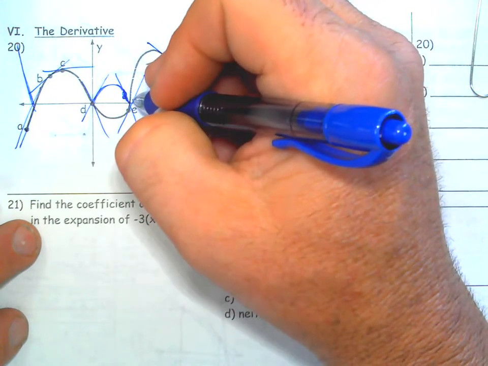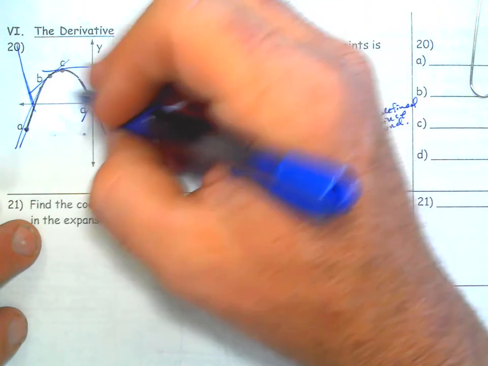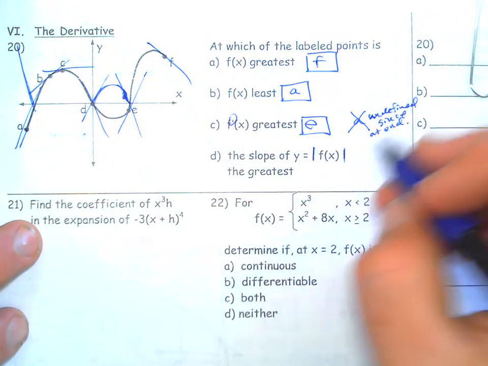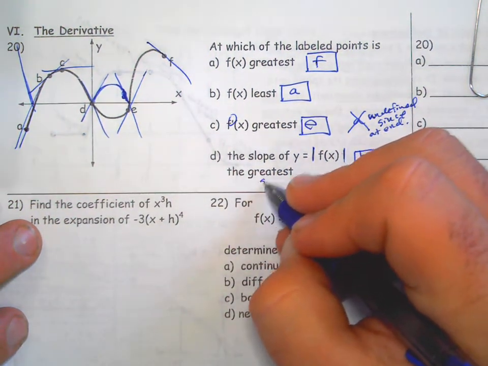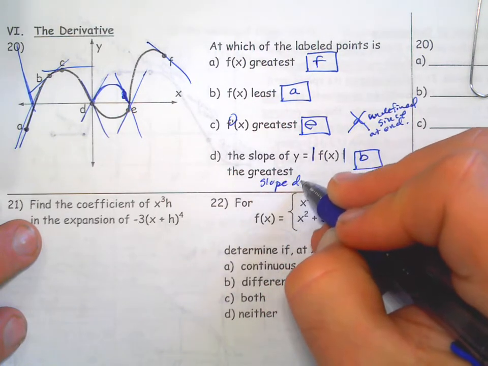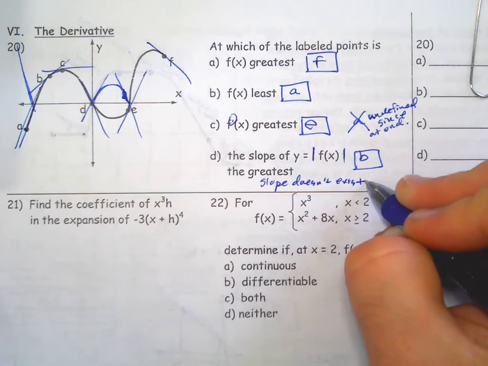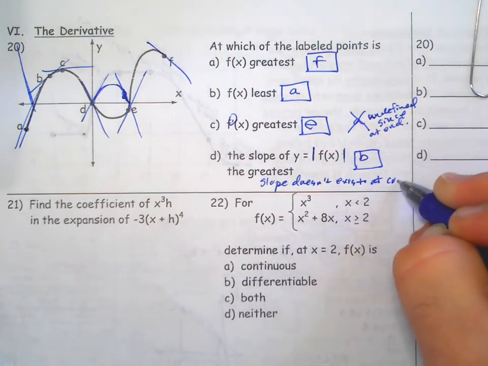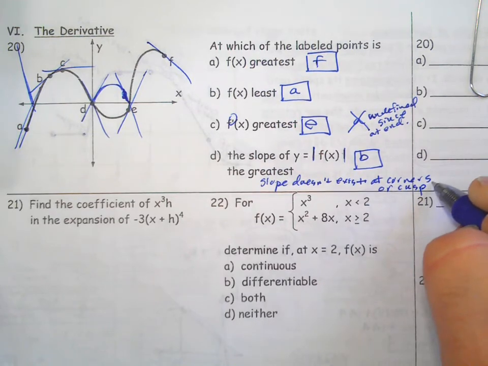Well, it's not going to be E anymore because it's negative. It's not going to be D because it's a sharp corner. It can't be there. So I'm thinking it's got to be B, right? Slope doesn't exist at corners or cusps, right? Okay.